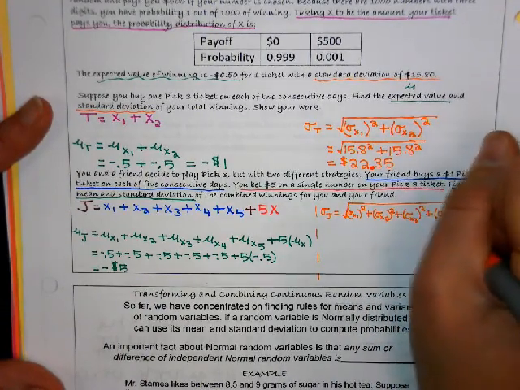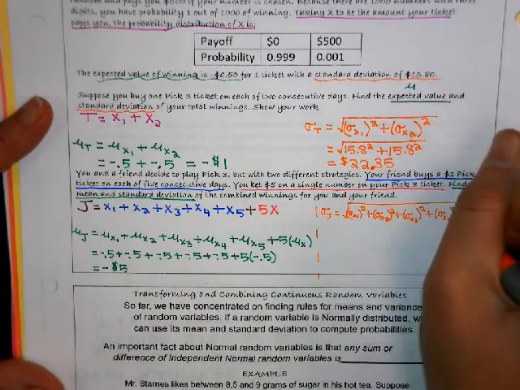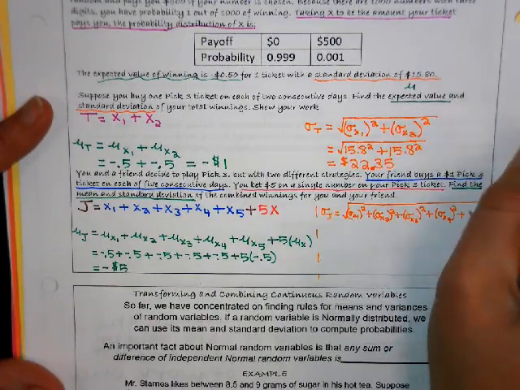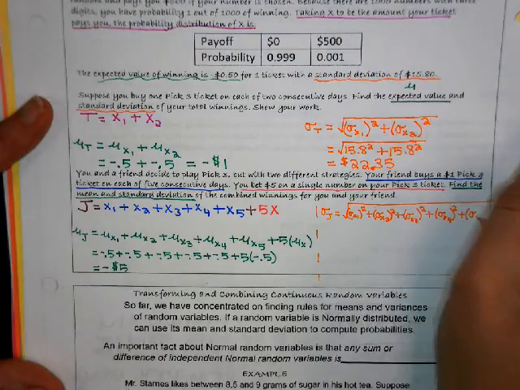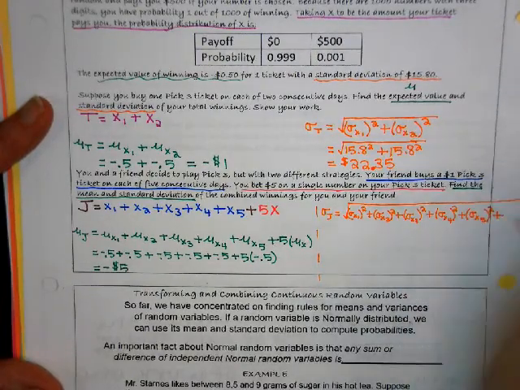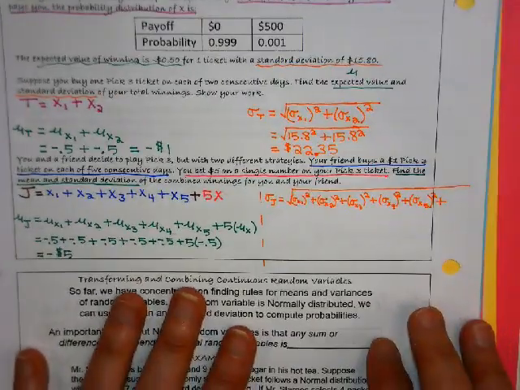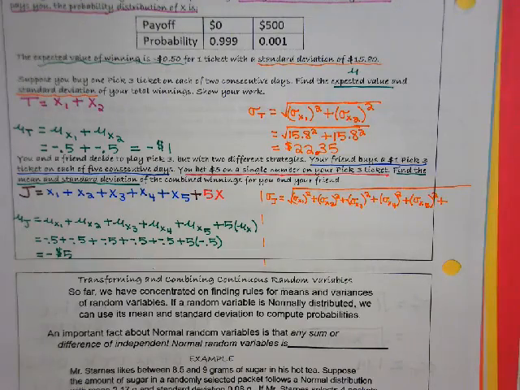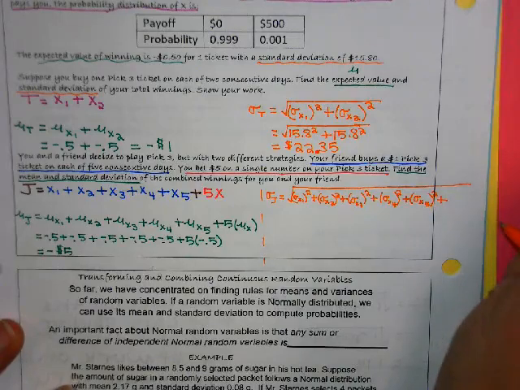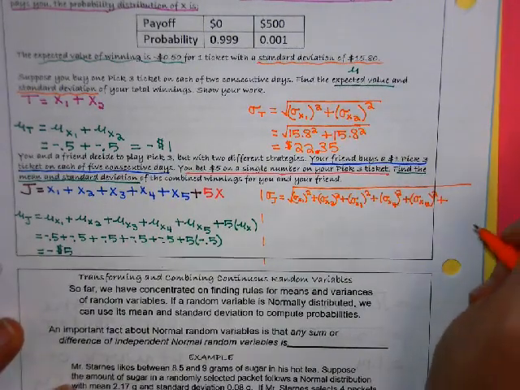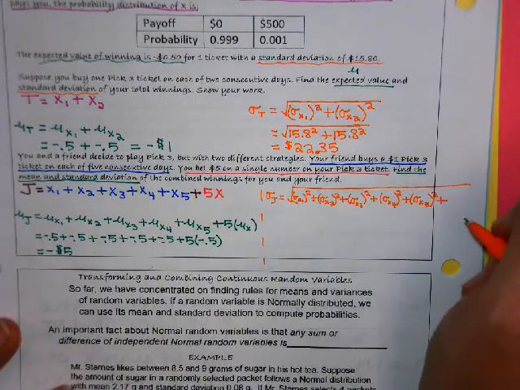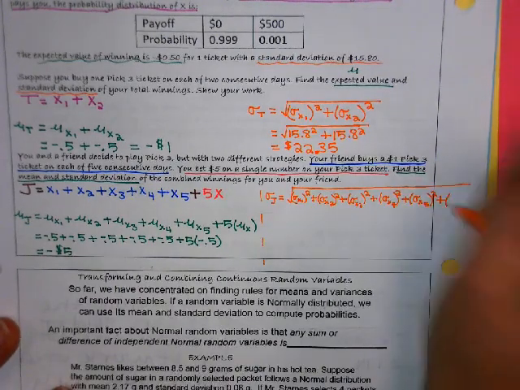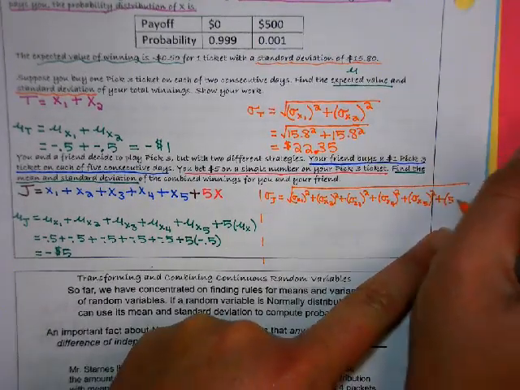You bought 1 ticket, but wagered 5 times as much. Does standard deviation get affected by multiplication? Yes. So we're going to multiply by 5 and square.